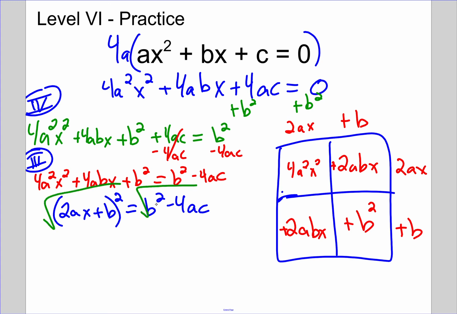Now, when the discriminant is positive, we end up with two real solutions: two separate solutions, a positive square root of something and a negative square root of something. When the discriminant is 0, the square root of 0 is 0, so there ends up being only one solution. And when our discriminant is negative, that's when we end up with complex solutions.